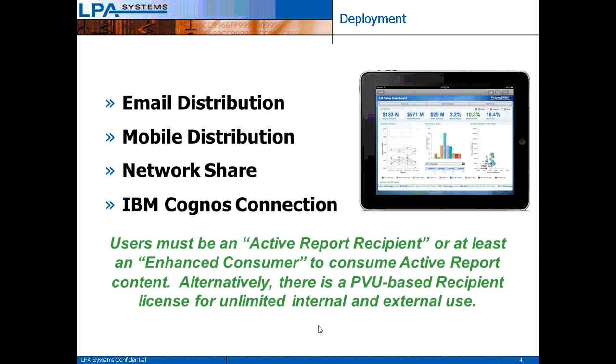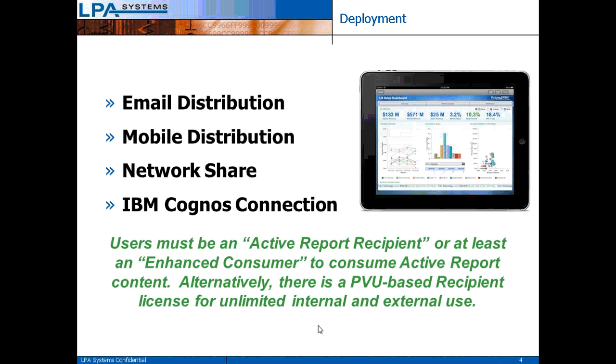Deploying active reports can be accomplished in a number of ways. Via email distribution, active report content can be distributed through secure corporate email, which then allows the recipients to fully interact with all of the data regardless of their connectivity to the BI server. Scheduling and bursting can be used to ensure this operation occurs at a non-peak server time to reduce system loads.